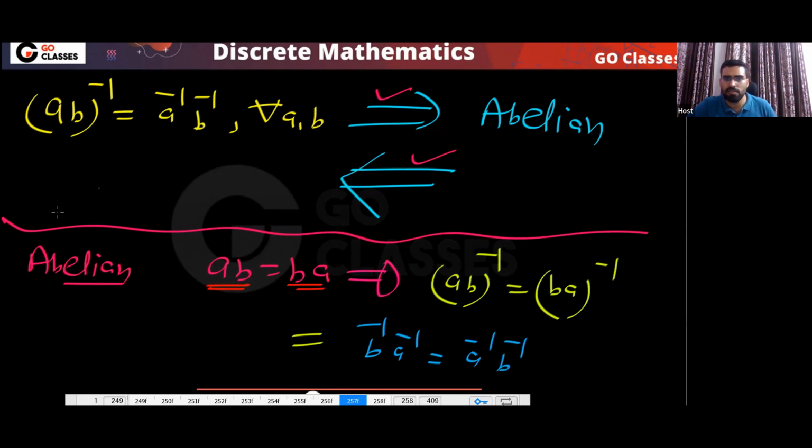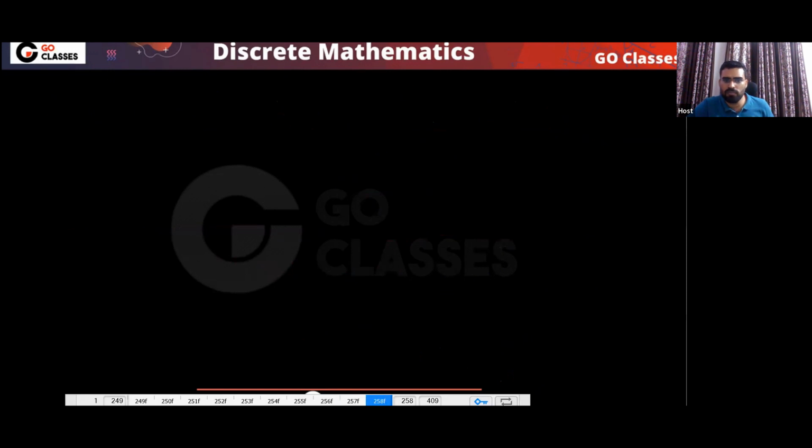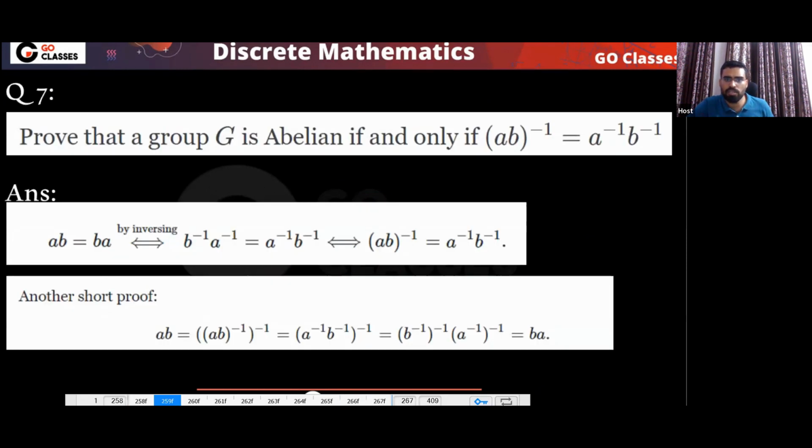So from here, (AB) inverse is equal to A inverse B inverse. Okay, so very simple. So this is a two-way statement. I hope all these points are clear.